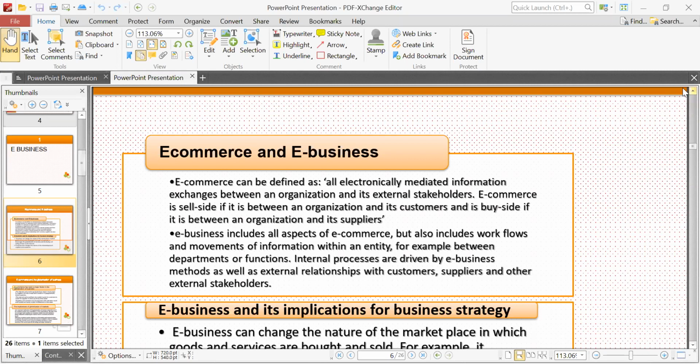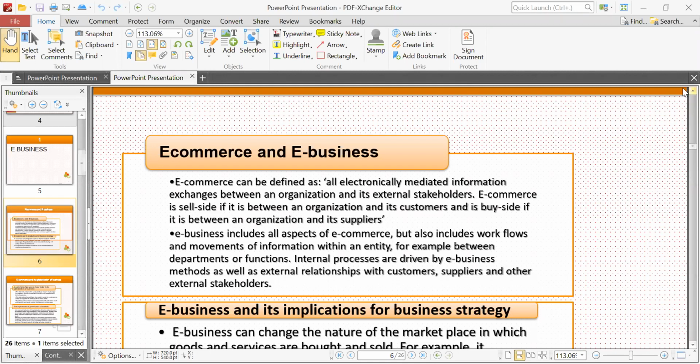Internal processes are driven by e-business methods as well as external relationships with customers, suppliers, and other external stakeholders. So the difference is what Caleb shared with us. I hope I was able to throw a bit more light on that.